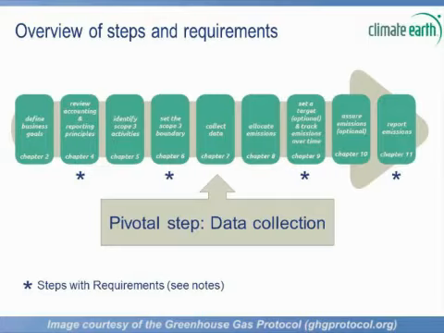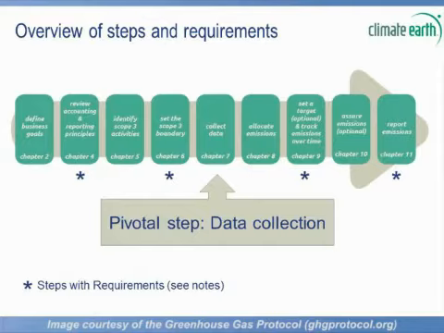The protocol requires that you track emissions over time and optionally allows you to set targets for reducing emissions. But the idea of reporting on an annual basis and reporting by tracking to a base year of reporting is part of the standard.